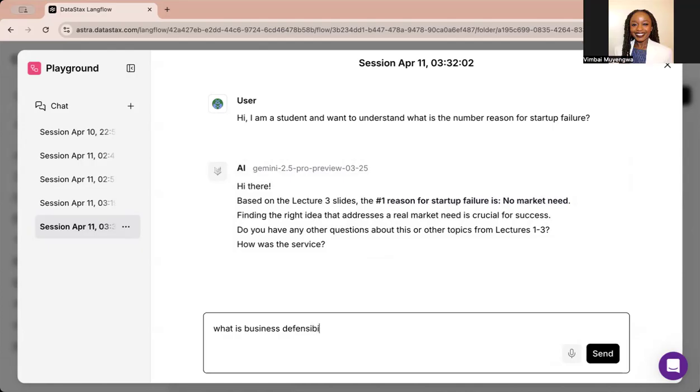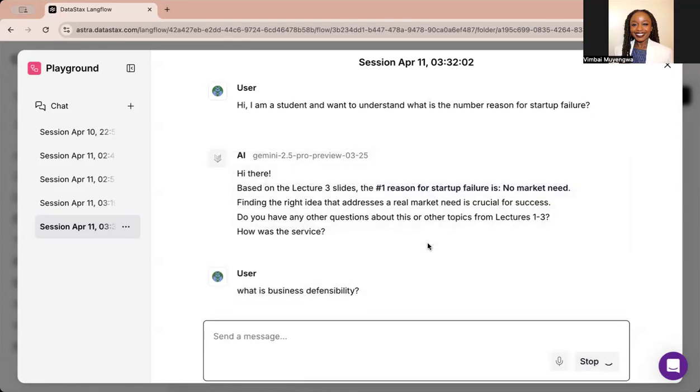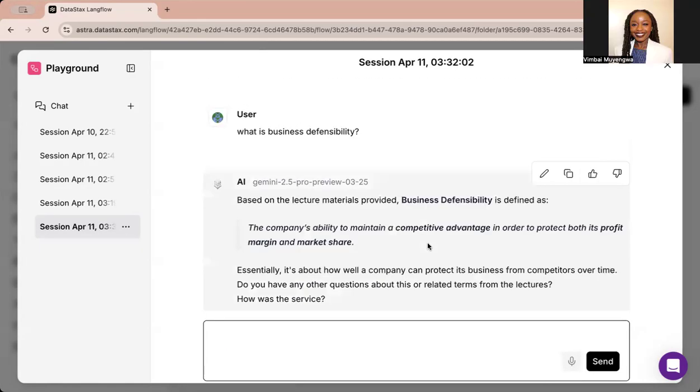This was one of the first topics that we learned when we first started this course. It says business defensibility is defined as the company's ability to maintain a competitive advantage.